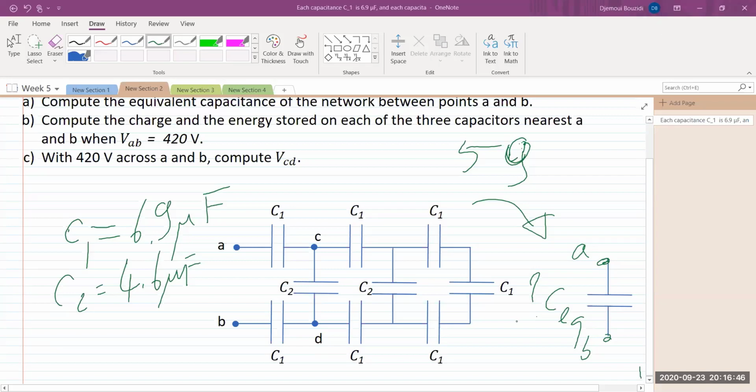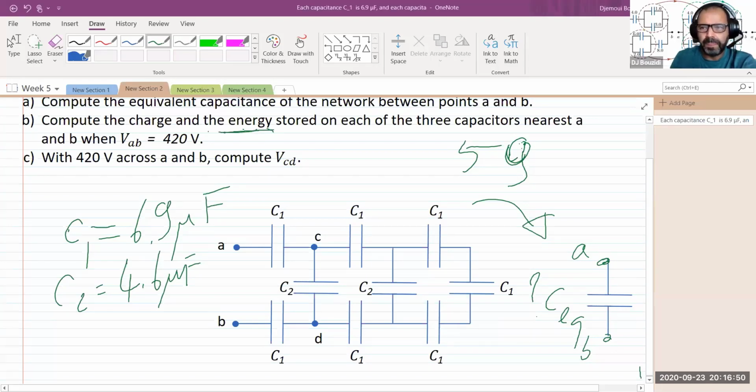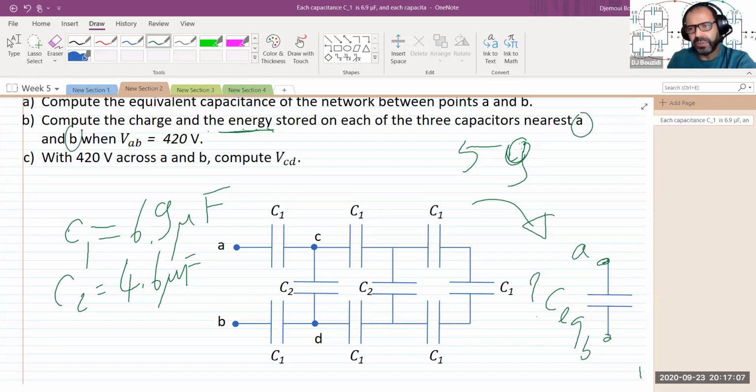Compute the charge. This is what I changed in terms of the homework problem. I added the energy because typically I ask for the energy too. And the energy stored on each of the three capacitors nearest A and B. Nearest A and B, okay? When the voltage is given to be 240. So we know now the voltage VAB from this question actually is 420 volts.